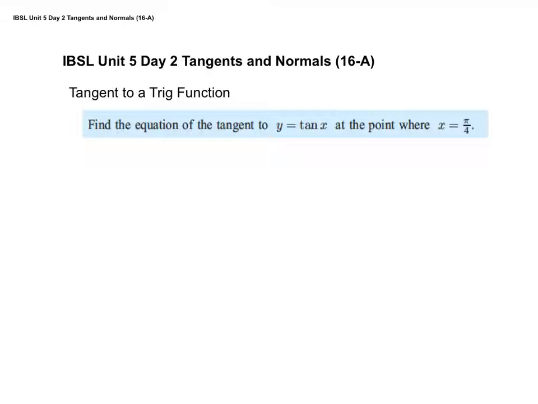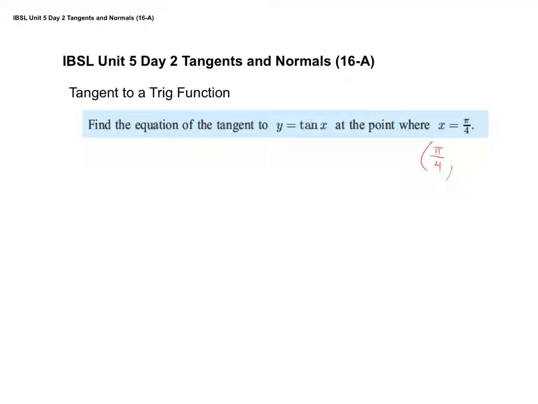Okay? Now, what point is that? Pi over 4, what's tangent of pi over 4? You masters of the unit circle. I know the coordinates are square root 2 over 2 and square root 2 over 2. Good. Those are the coordinates.